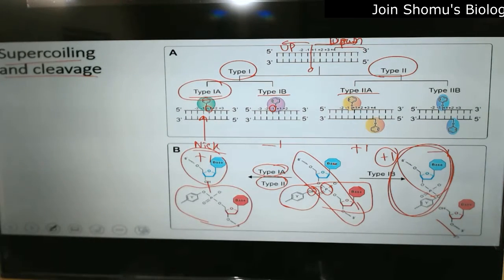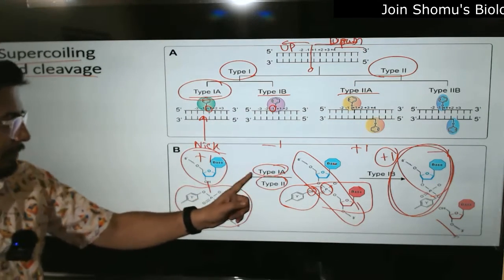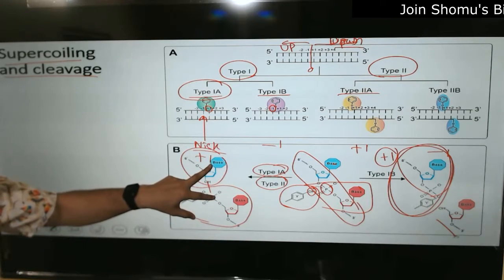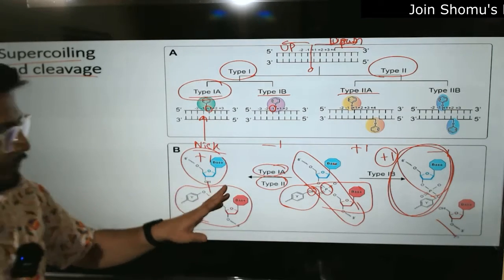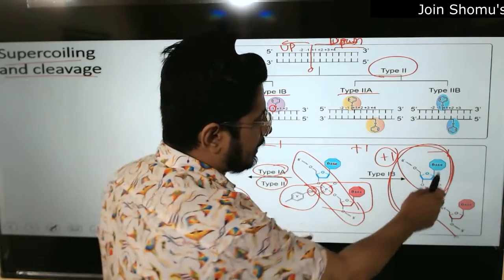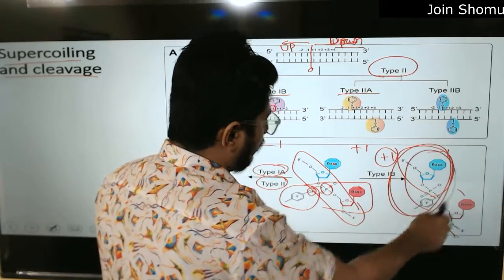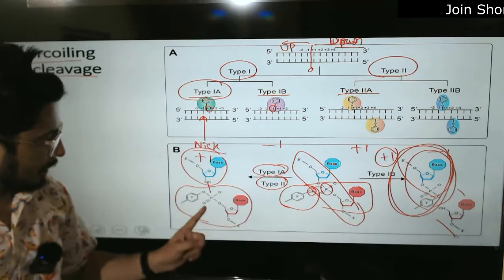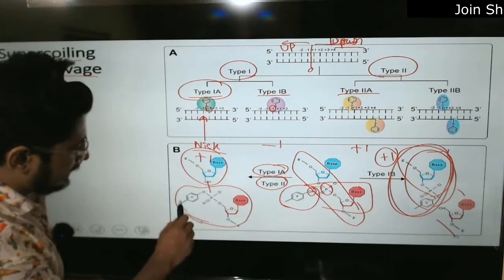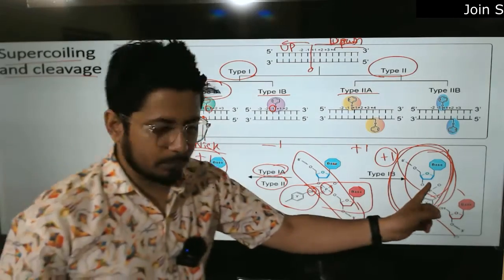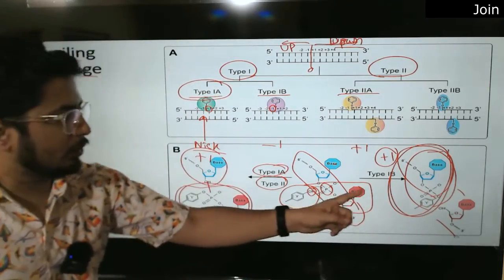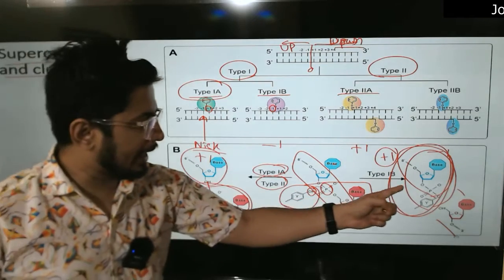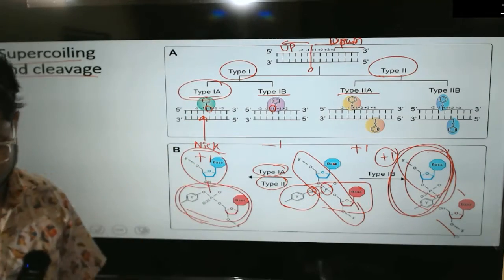So the color coding will state that type 1A or type 2 will cleave and associate with the blue colored base-containing nucleotide, while type 1B cuts, and blue and red get separated from there. But the phosphate bond, you can see that it gets red with it, it gets blue with it. So type 2 and type 1A get red bases with them, and type 1B gets blue bases with it.